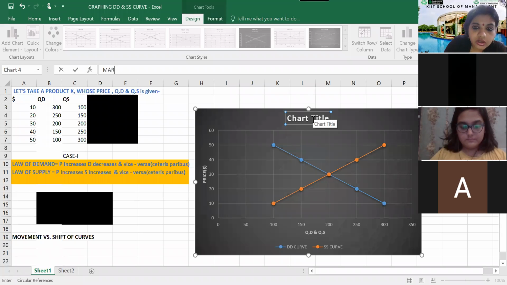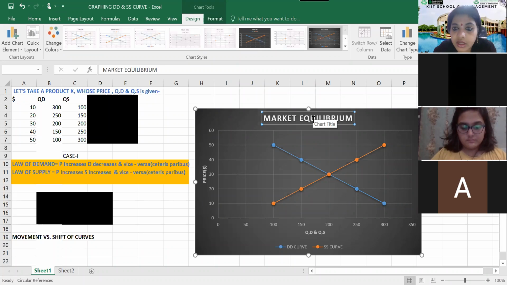We are trying to find out the market equilibrium. So market equilibrium is a condition where you find that demand and supply are equating. In this sense, this is a happy state of affairs for both the buyers and sellers.